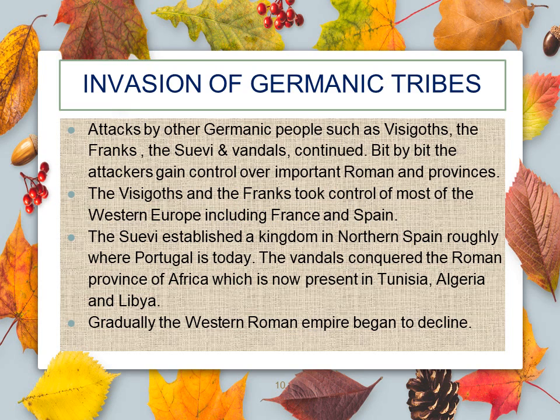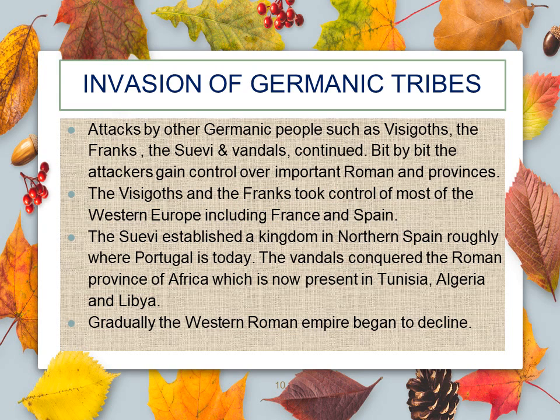The Vandals conquered the Roman province of Africa, which now comprises three countries: Tunisia, Algeria, and Libya. So these were the regions which went under the control of the Vandals.